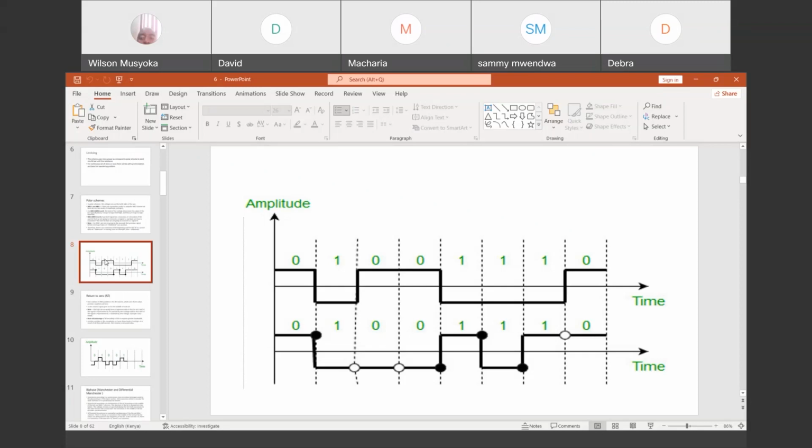What we have said, yes, these are two schemes represented here. This is non-return to zero level. This is non-return to zero inverted. Now the bottom one, return to zero inverted.